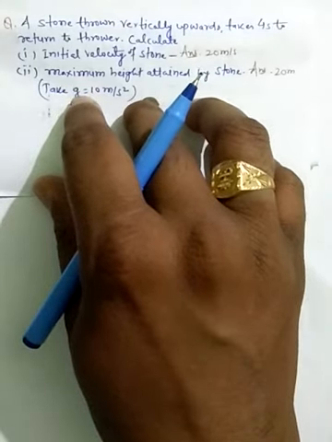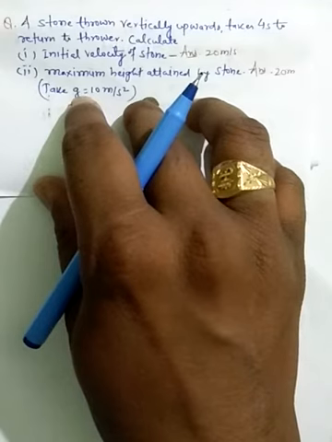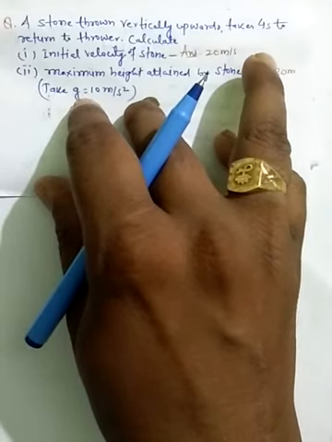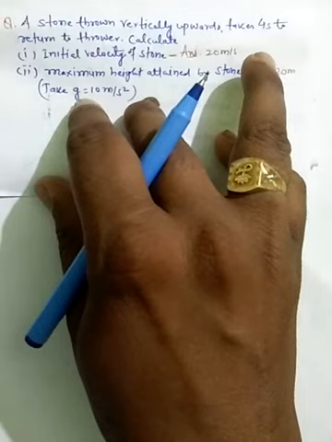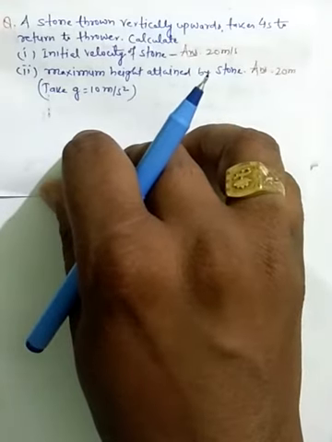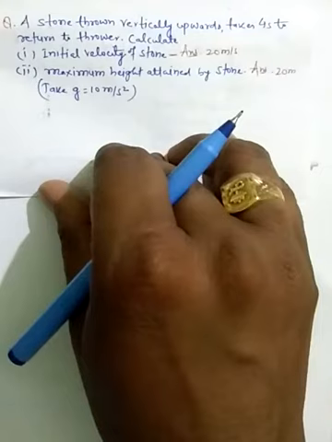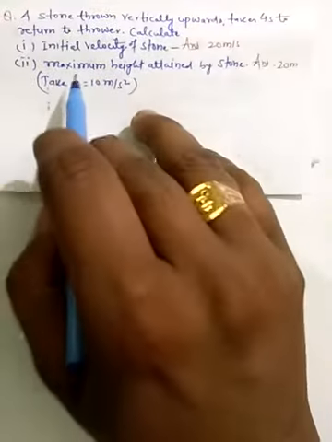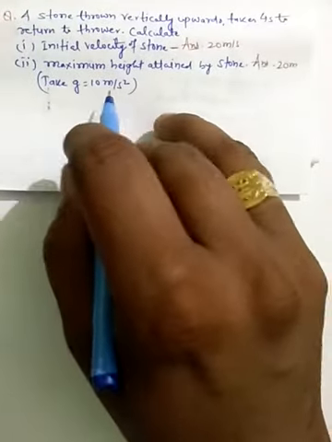The question states that a stone is thrown vertically upward and it takes 4 seconds to return to the thrower. Calculate the initial velocity of the stone and the maximum height attained by the stone during its motion. Take g equal to 10 meter per second square.